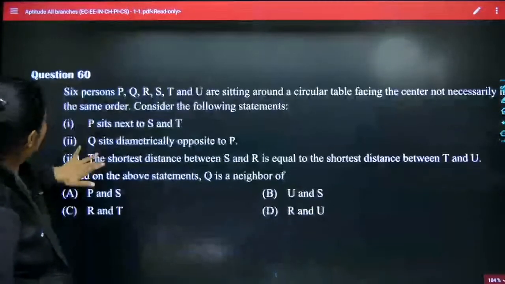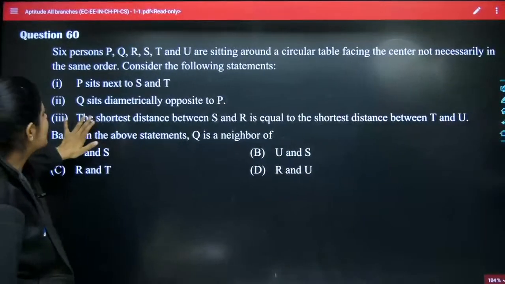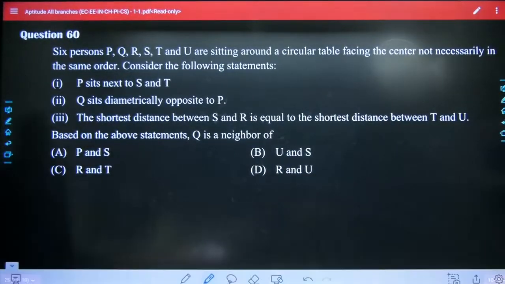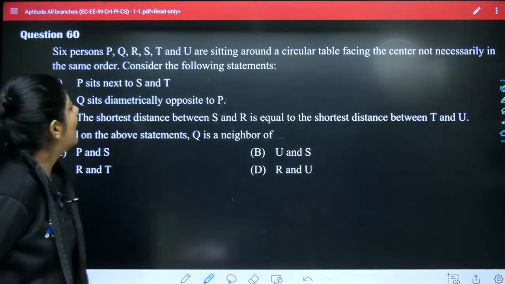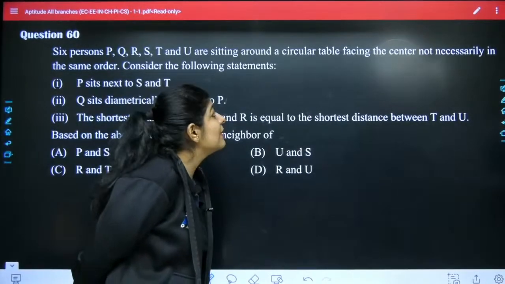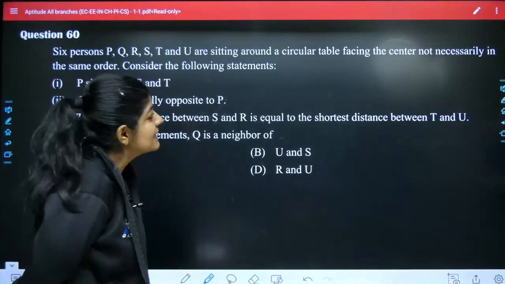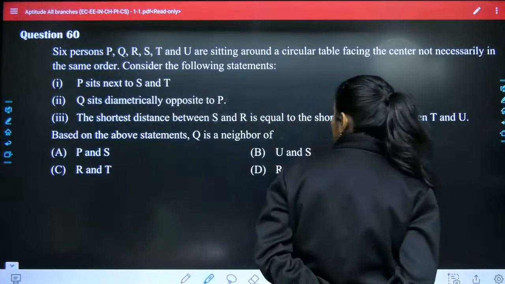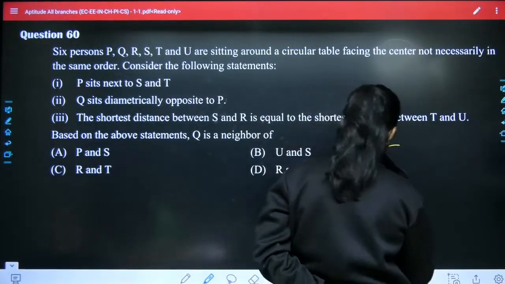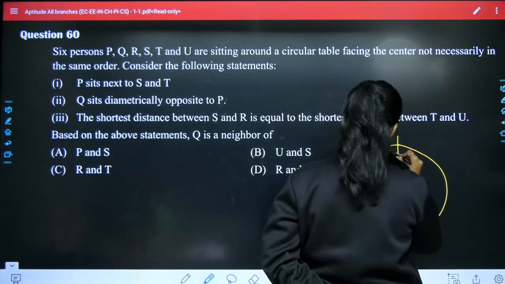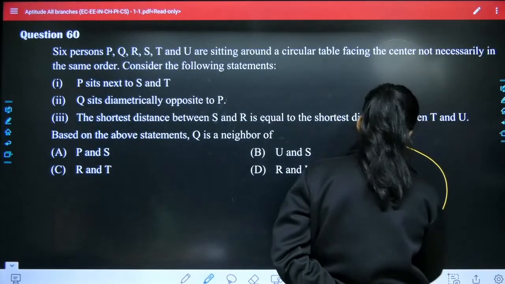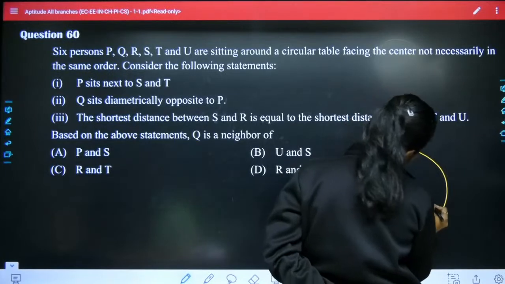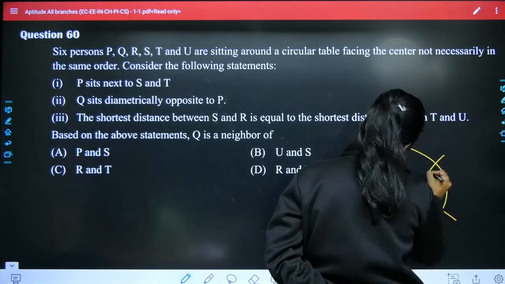Okay, here we have a puzzle. 6 persons P, Q, R, S, T, and U are sitting around a circular table facing the center, not necessarily in the same order. Here we have a circular arrangement and 6 persons are there.